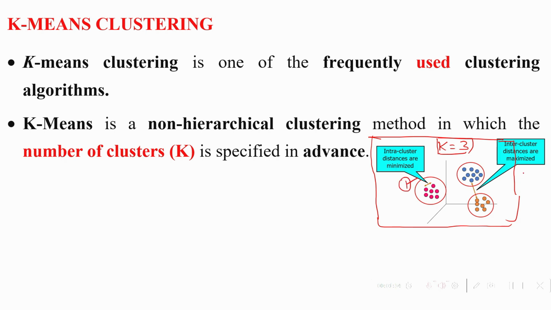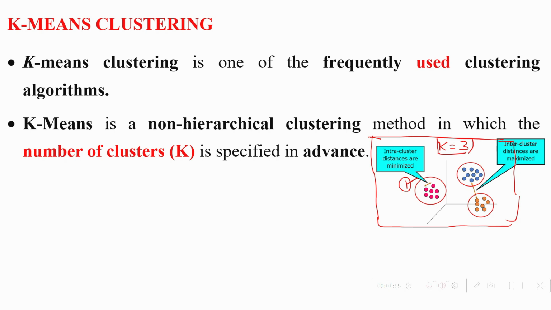The second condition is that the inter-cluster distance is maximized. That means the distance between elements of one cluster and elements of another cluster must be maximized. Like that we have to make the clusters.